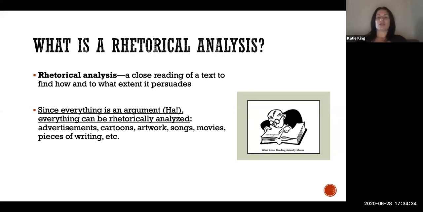What is the first thing that you do once the movie's over? After you eat and use the bathroom or whatever you have to do, right? You talk about it. At least a lot of people do, right? And maybe even if you don't talk about it with your friend, you're thinking about it. And what happens in those conversations is analysis, right? A rhetorical analysis of the text that's being shared.